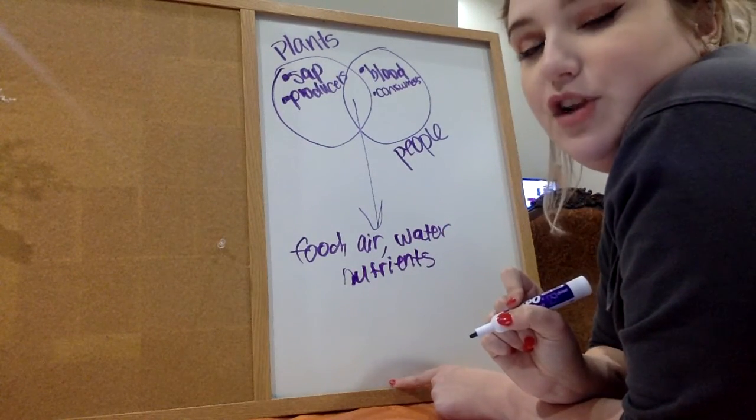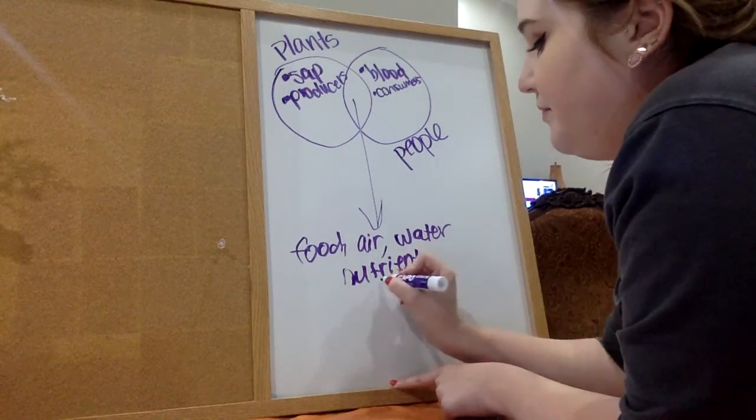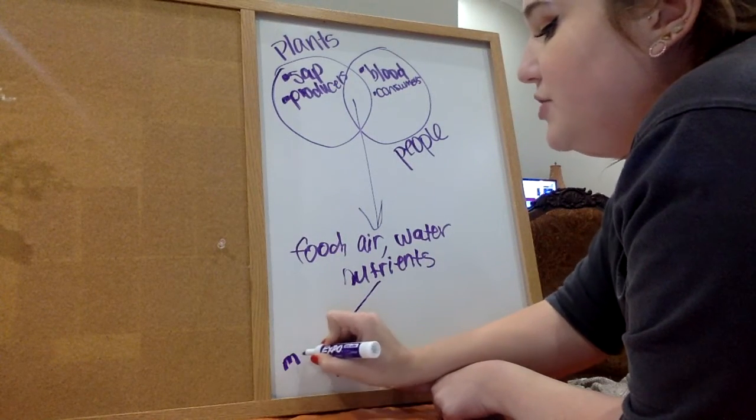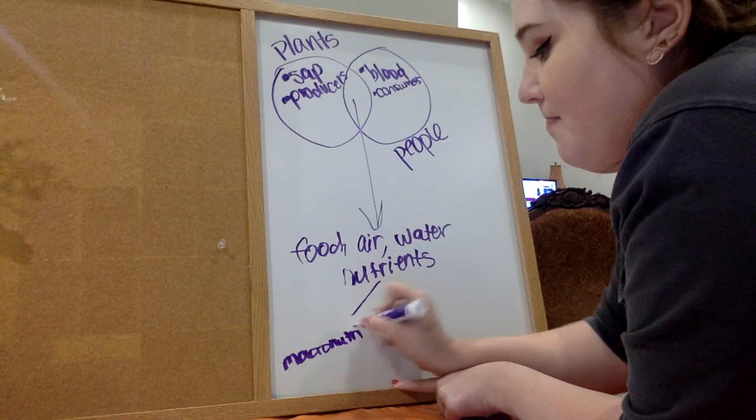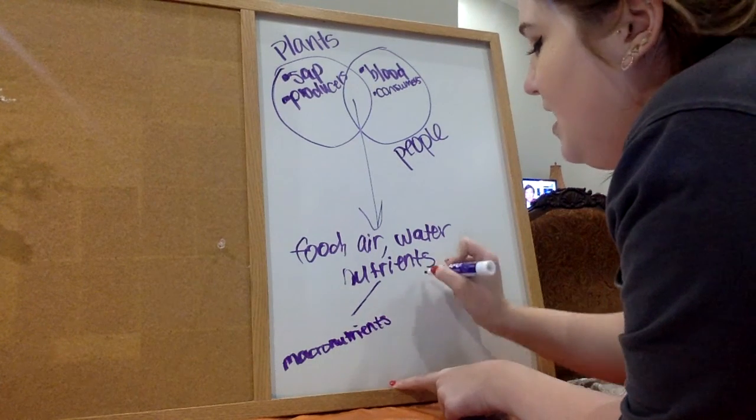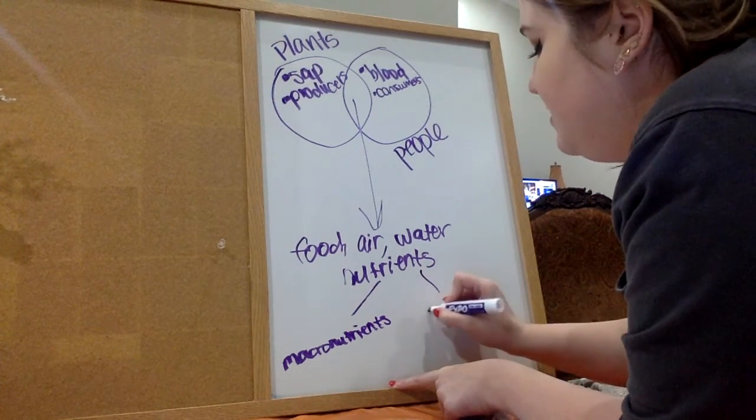There are two types of nutrients that we need to live. We have macronutrients and we have micronutrients.